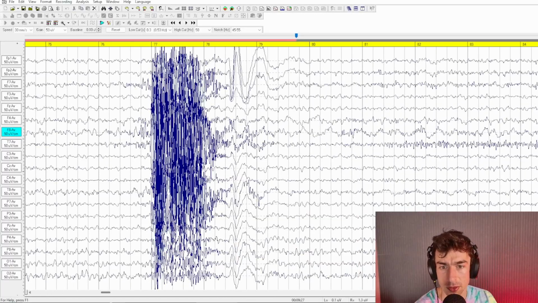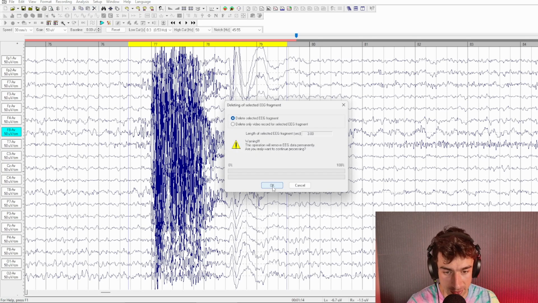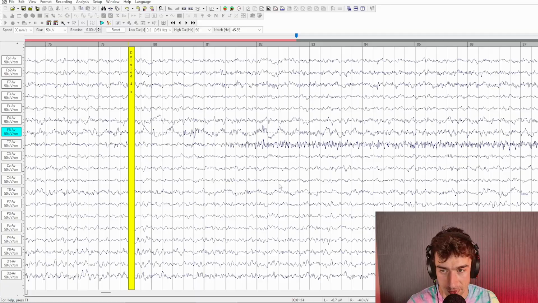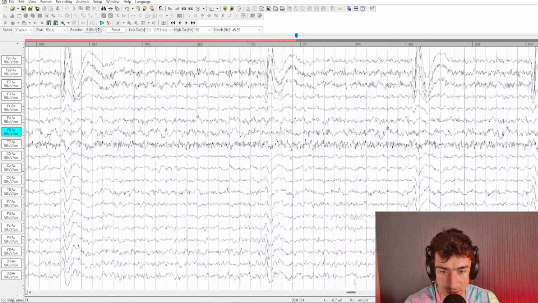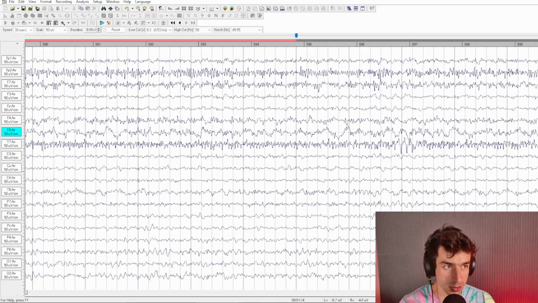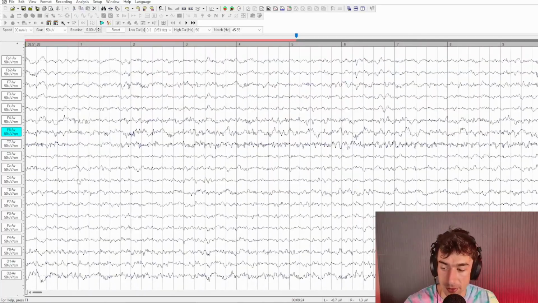So when you delete sections like that, it can present issues if the case does go medicolegal in the unlikely event. But it's not the worst thing in the world to do if it means that the ICA works more efficiently. And so long as you have copies of the original EEG, it's not a problem whatsoever.